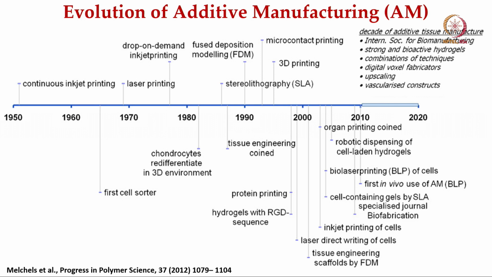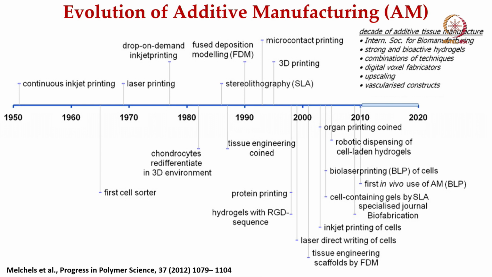Then in the same decade, around 1990, the fused deposition modeling (FDM) printer was invented. Before the 1990s, both stereolithography and tissue engineering as a scientific domain were discovered. There is a famous paper by Professor Robert S. Langer from MIT that was published in one of the flagship journals.